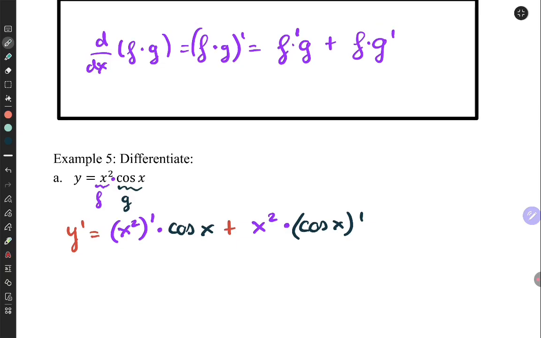You see that? Just mimic exactly the formula up there because I have a product. Apply the product rule: f prime g plus f g prime.